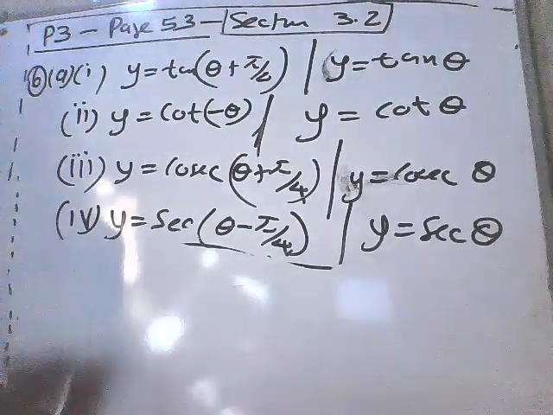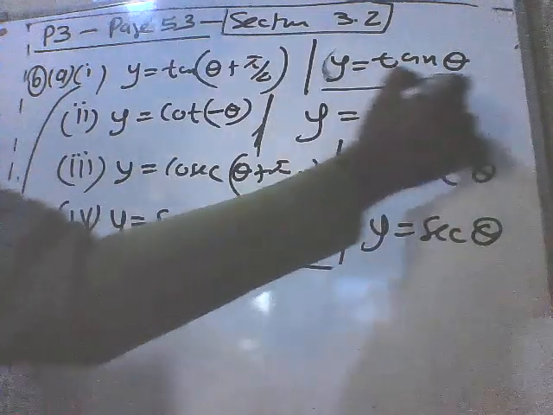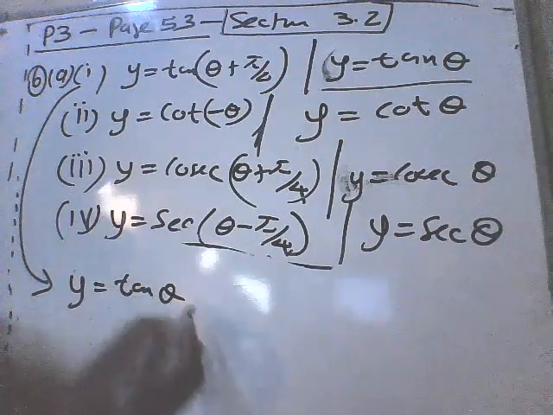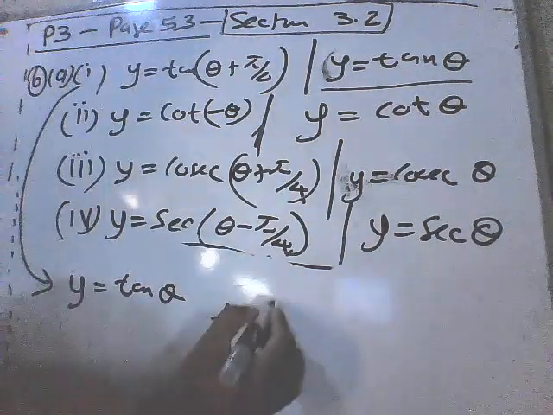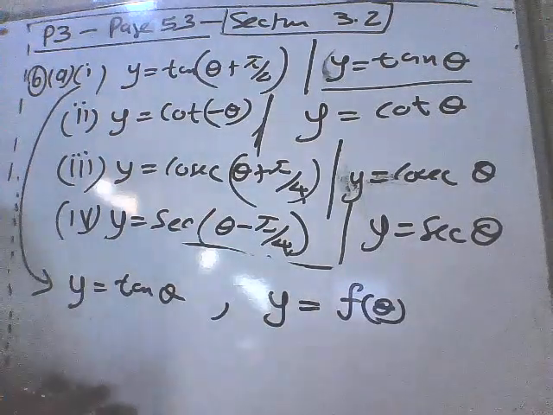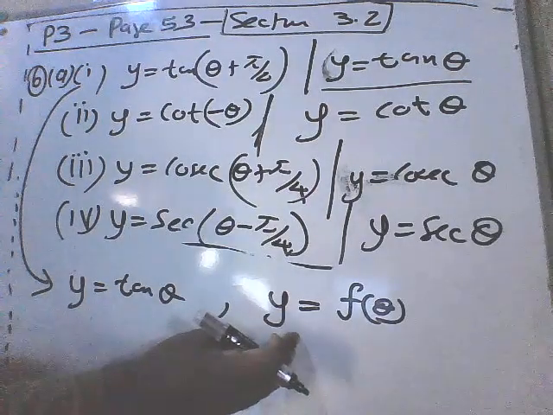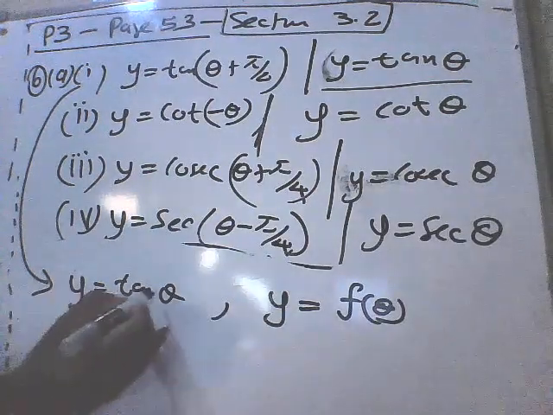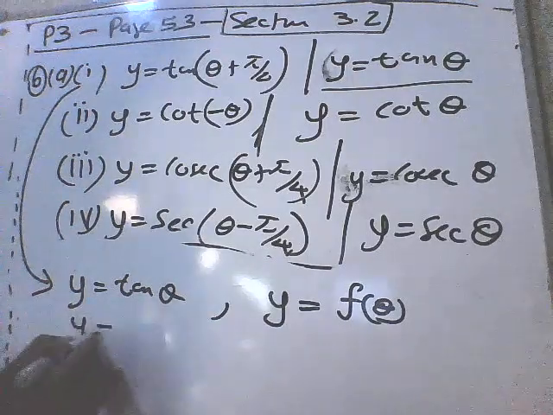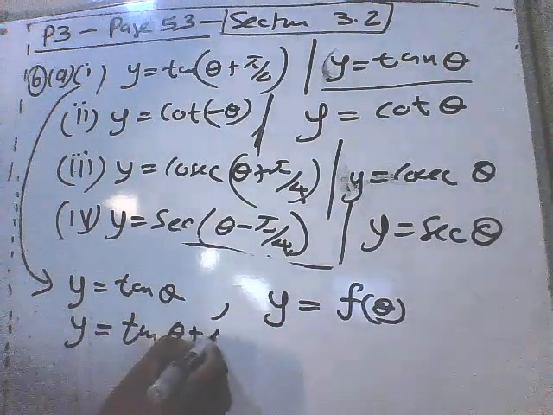For part 1, the simplest one is y equals tan theta, which we can consider as y equals f(theta). Now we compare y equals tan theta with y equals tan of theta plus pi over 2.